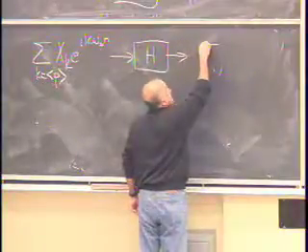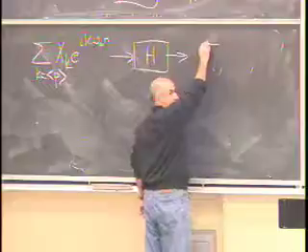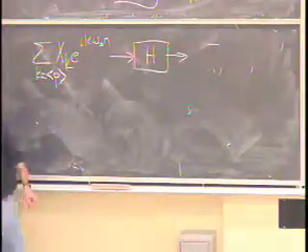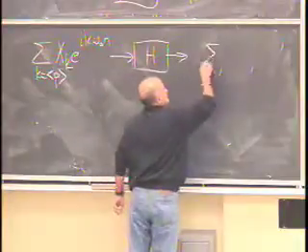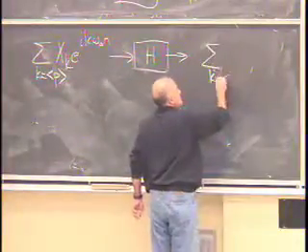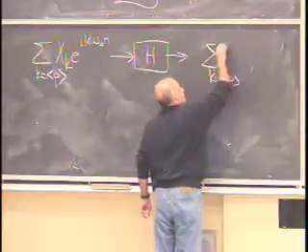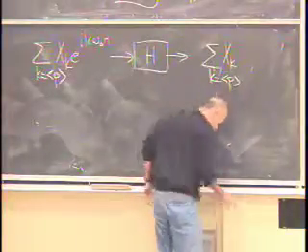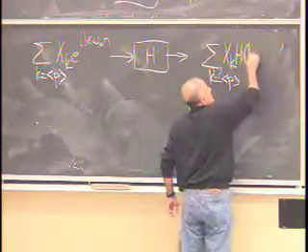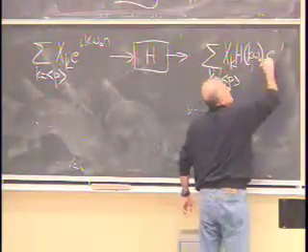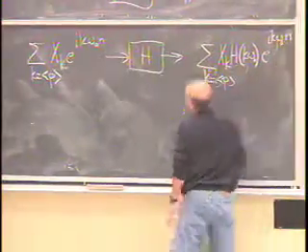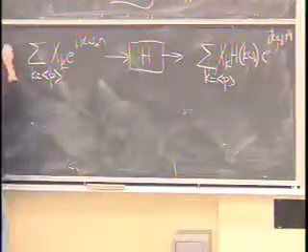Summation. That's good. Summation x_k H of k omega naught e to the j k omega naught n. Well, this is your x of n.